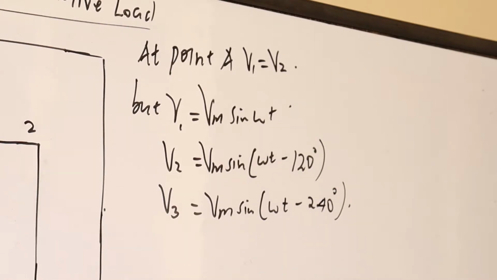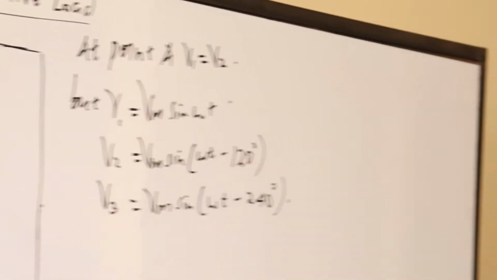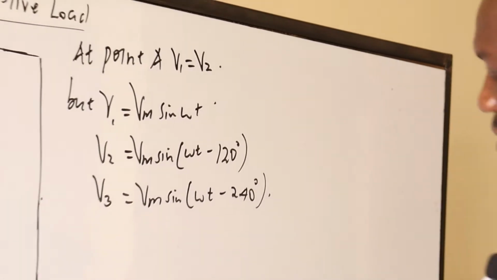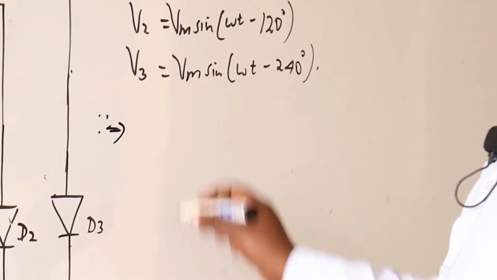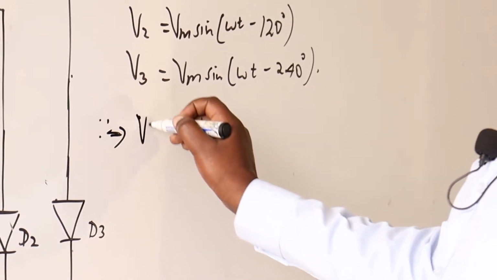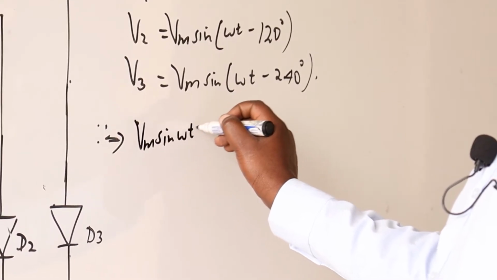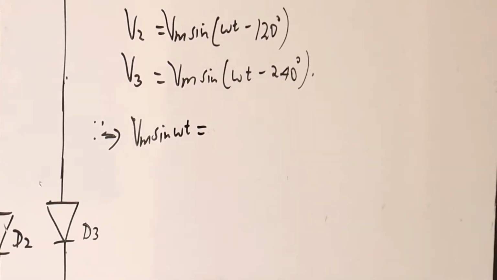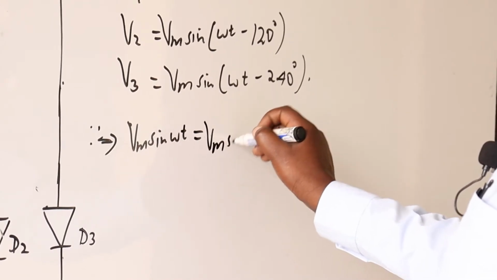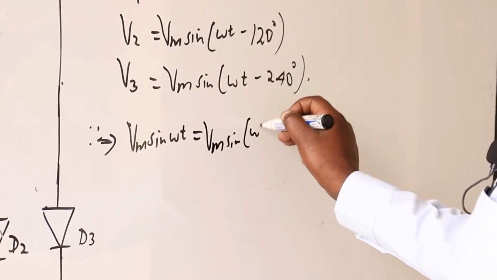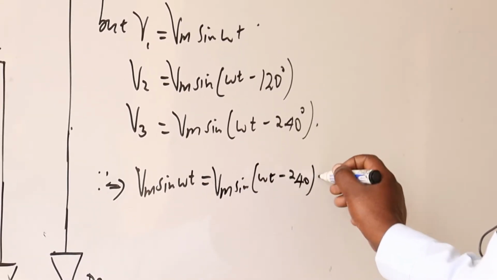So if we are saying that at point A, V1 is equal to V3, we can equate the two. Therefore, it implies that Vm sine omega t is equal to Vm sine omega t minus 240.